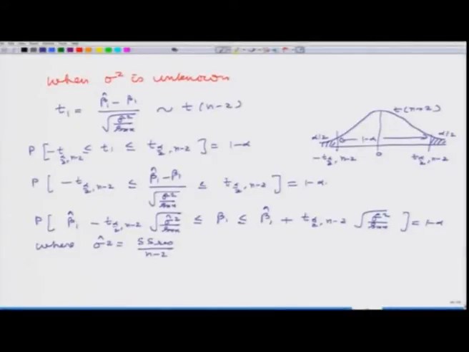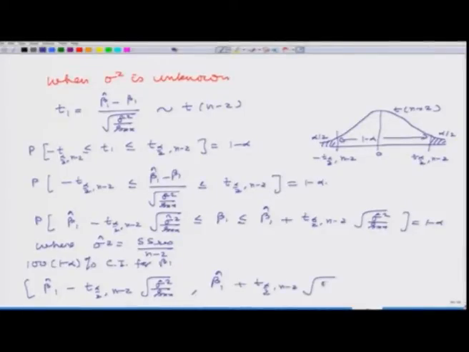Okay. So, now I have obtained the 100(1 minus alpha) percent confidence interval for beta 1 when sigma square is unknown as an interval like this: from beta 1 hat minus t alpha by 2, n minus 2 times the square root of sigma hat square over Sxx, to beta 1 hat plus t alpha by 2, n minus 2 times the square root of sigma hat square over Sxx. Right.